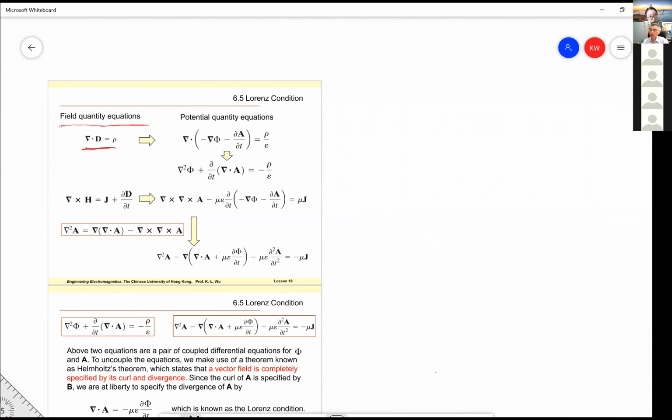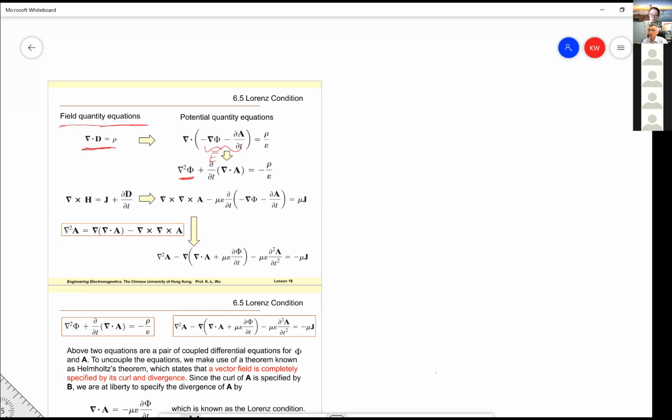We substitute the total expression, because this is E, we already justified this is E. So we substitute this into the divergence equation, and then we find this is a Laplace operator we already defined.